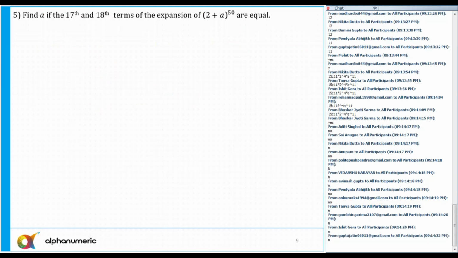Find a if 17th and 18th term of the expansion of (2 plus a) raised to power 50 are equal. What is the value of a?